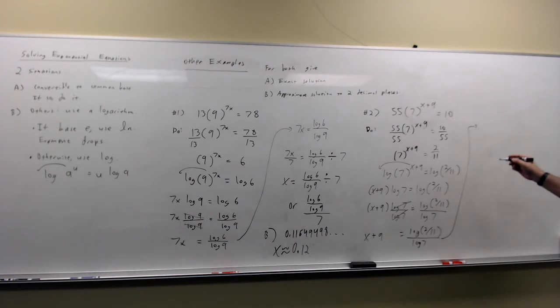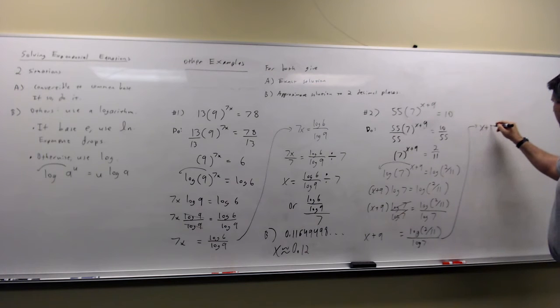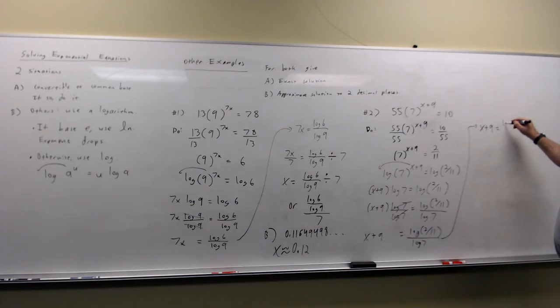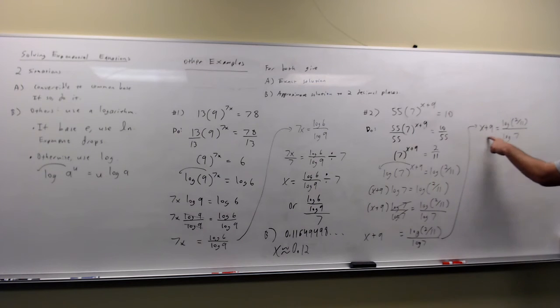So x plus 9 equals log of 2/11 over log 7. The final order of business is to subtract that 9. So x equals log of 2/11 over log of 7 minus 9.